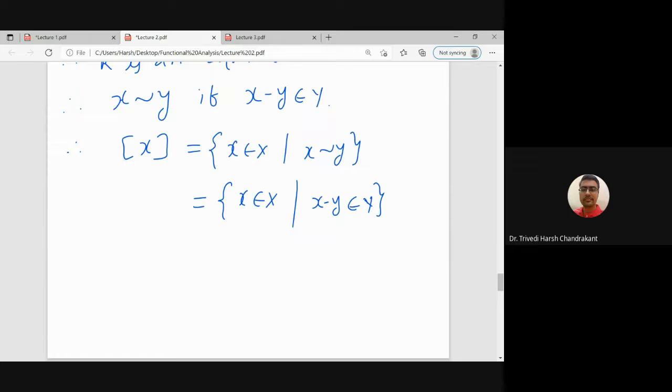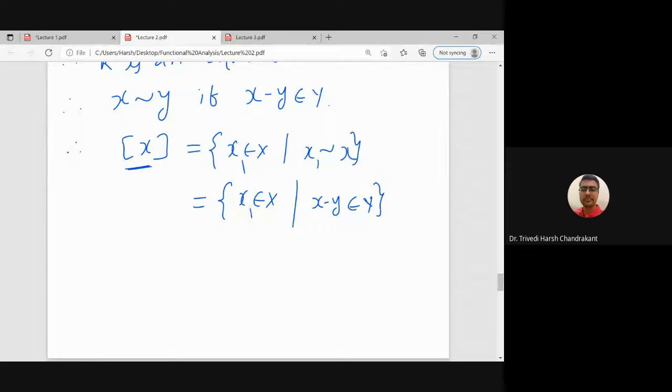Right. So what do we get here? So I should use some different symbol than x, right? So we are studying the equivalence class of x, so that is this set.